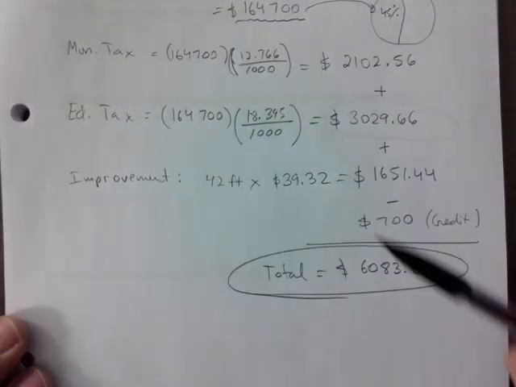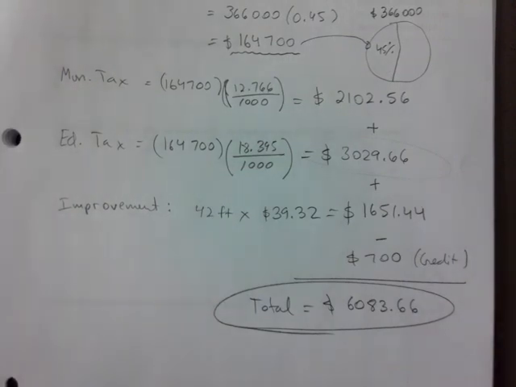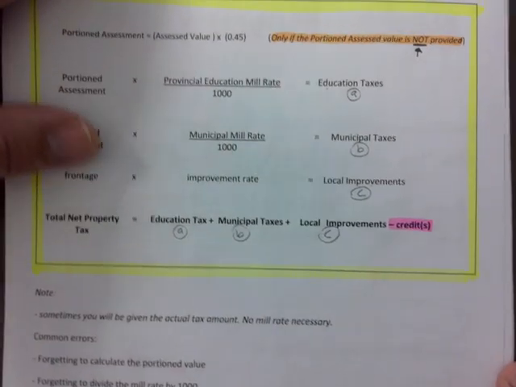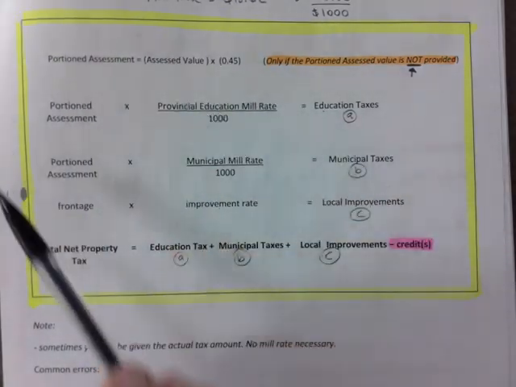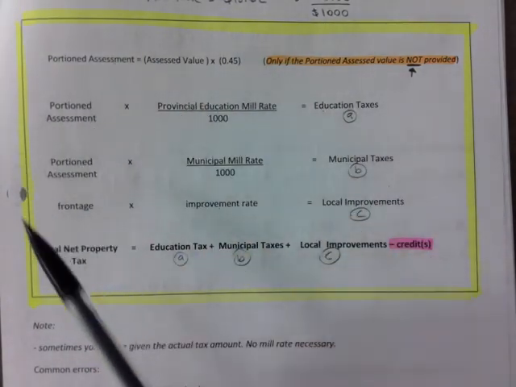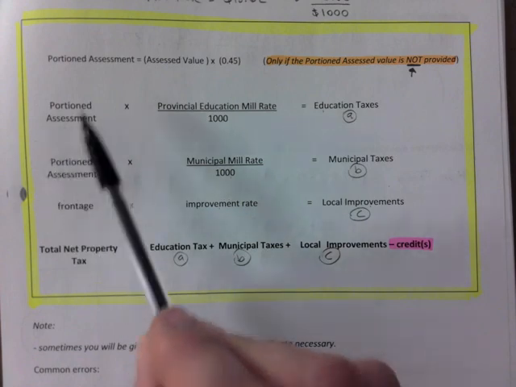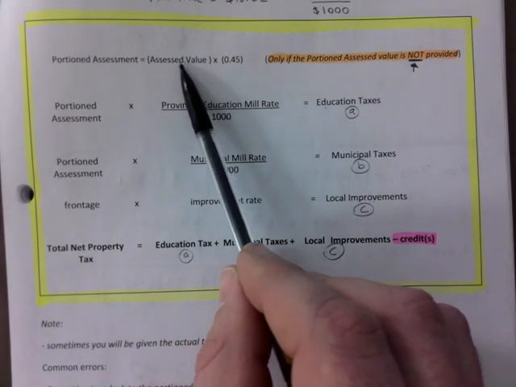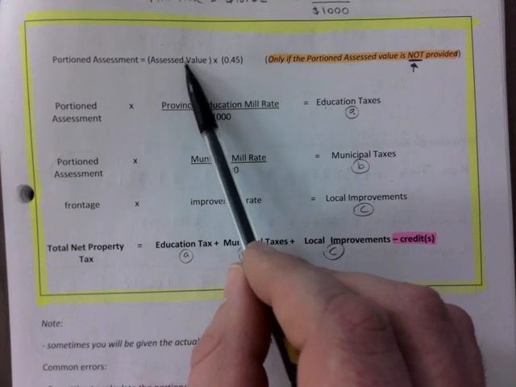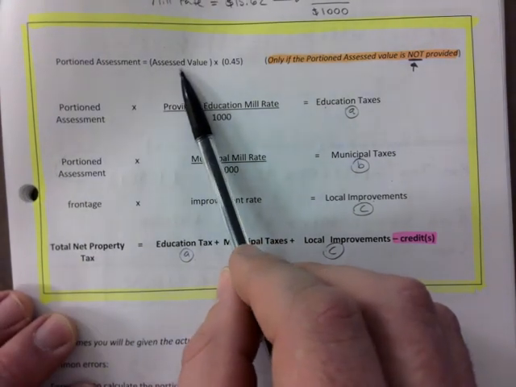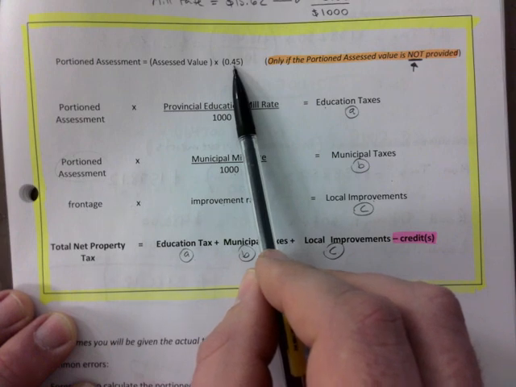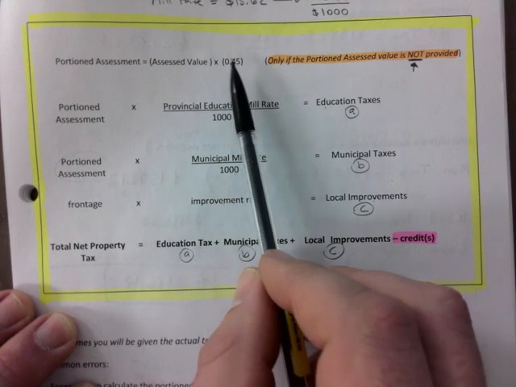Be smart. Like tell yourself, I'm going to go back in time a little bit. This is on 68. This is essentially everything that goes with finding property taxes. The portion assessment, you take the assessed value, so the entire value of everything, including house and land, you find 45%. I just hope you're listening.